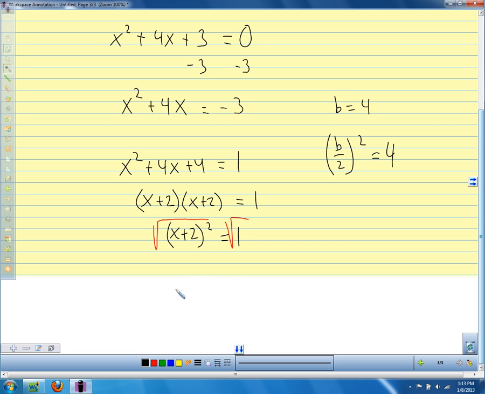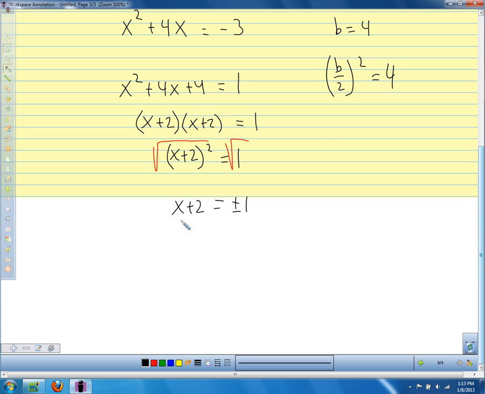The square root undoes the square, so I get x + 2 = ±1. And then I'm going to subtract 2 from both sides. So x = -3, or x = -1.